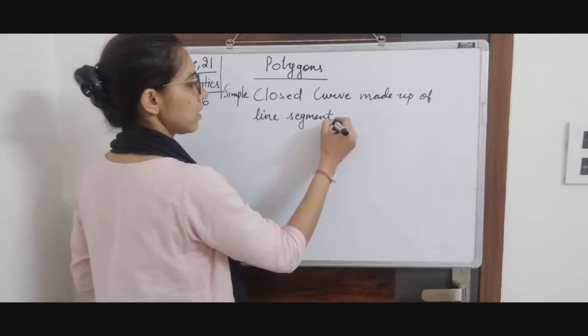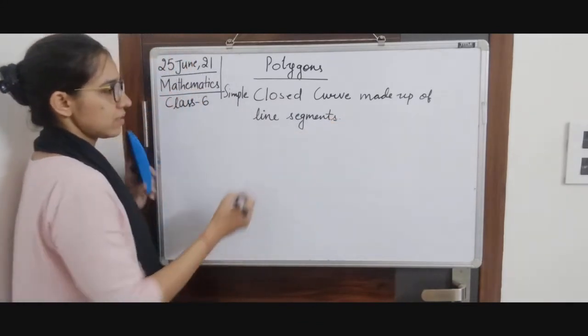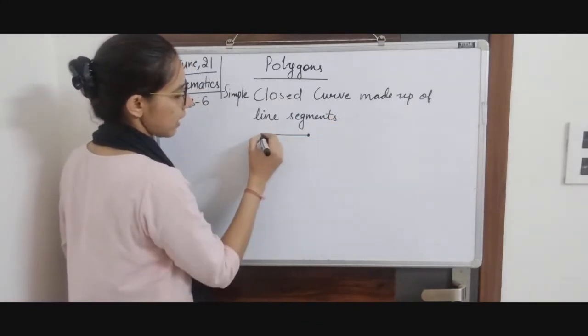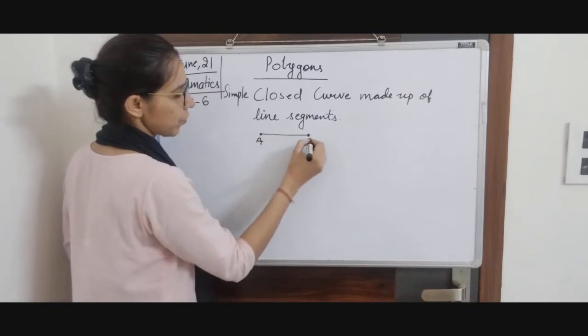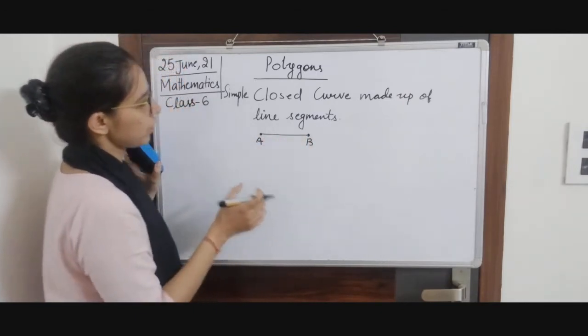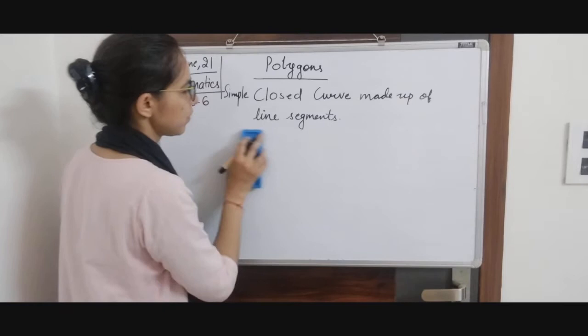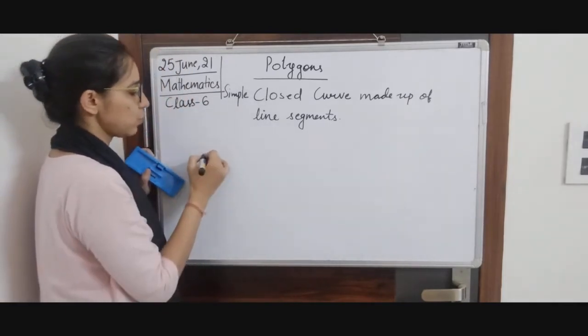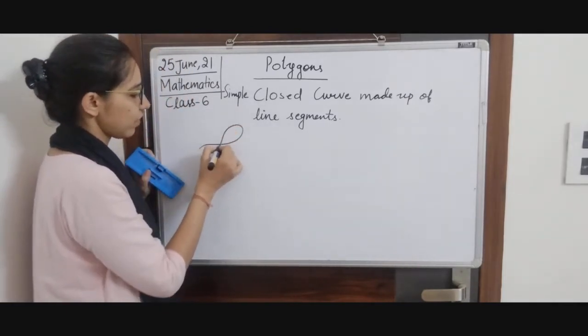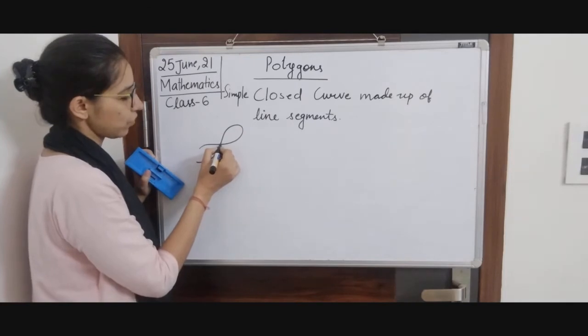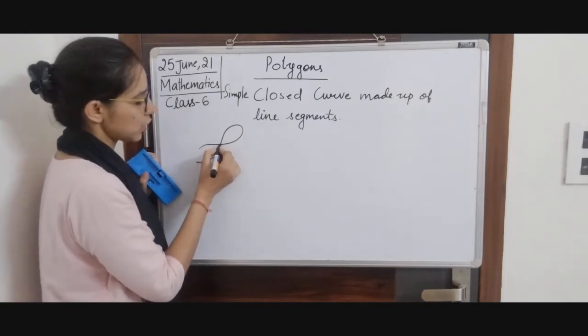A line segment is this kind of figure. It has 2 endpoints, and this is the measure of the line segment. Simple means there is no crossing. If it is a curve and it has a crossing, it is crossing itself at this point.